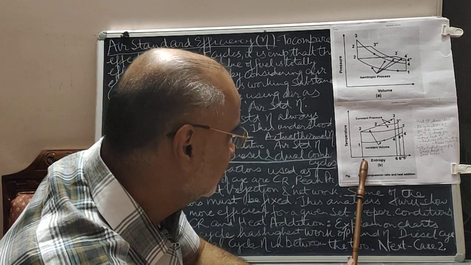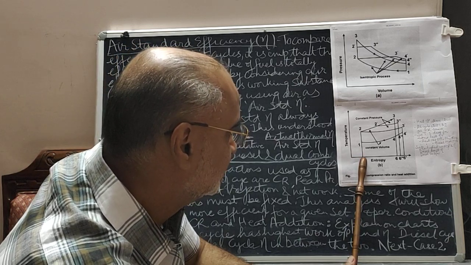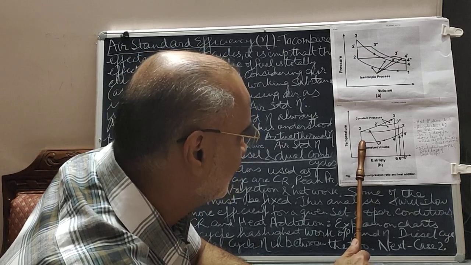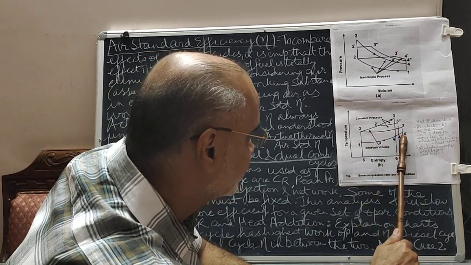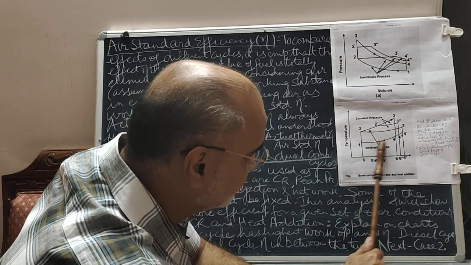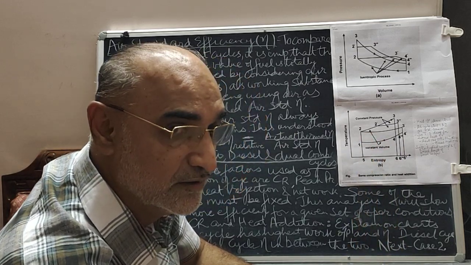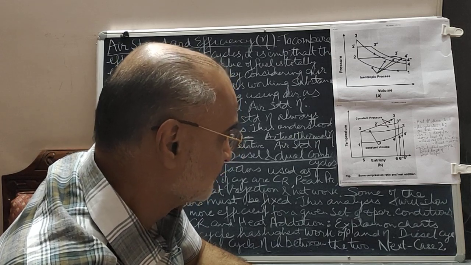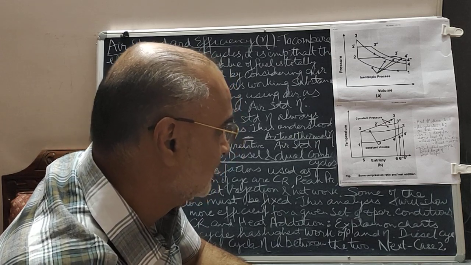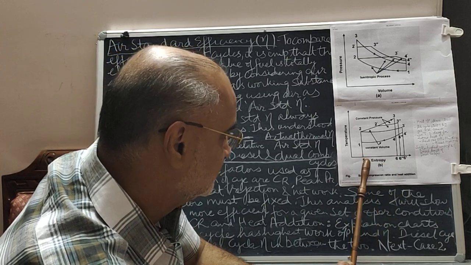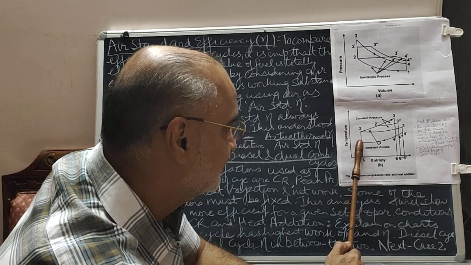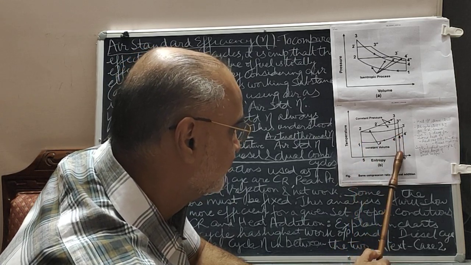For the diesel cycle, the heat rejection is 5, 1, 4 dash, 6 dash, which is more than the petrol, the Otto cycle. And for the dual, it is in between.